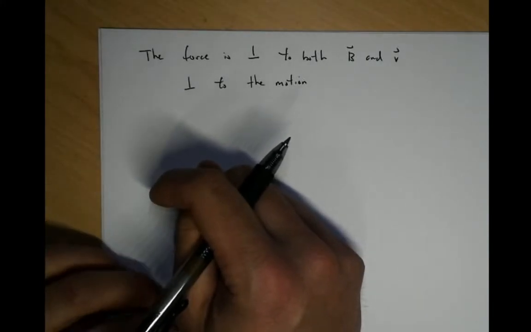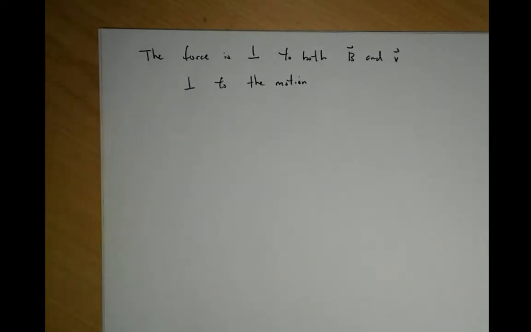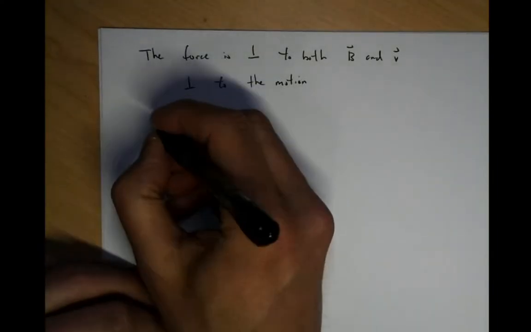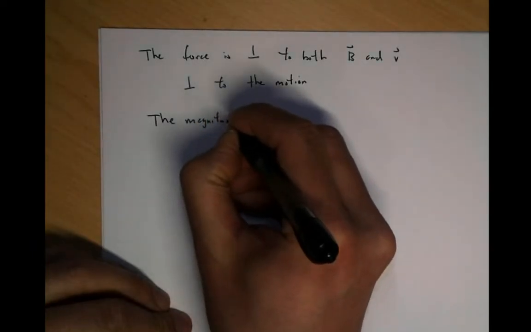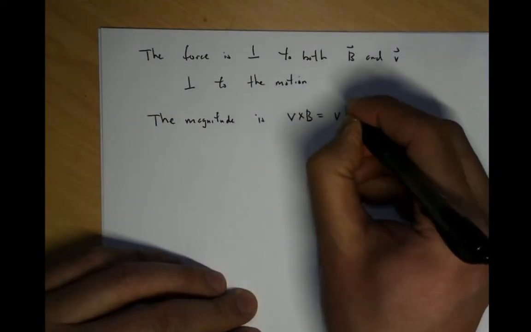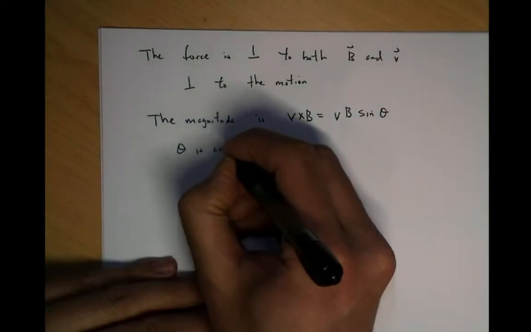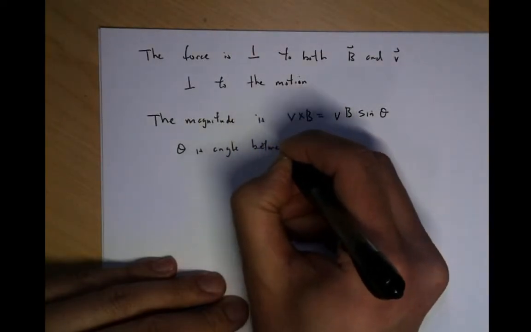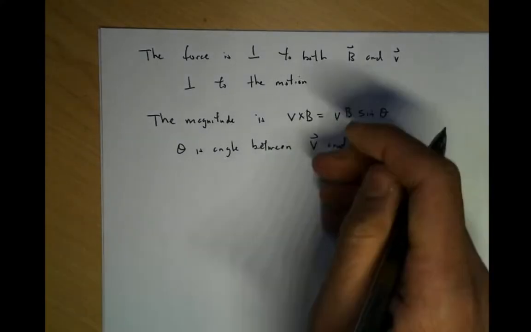Okay, so now the magnitude is, so V cross B, that is going to be V times B sine of theta, where theta is the angle between V and B, right?